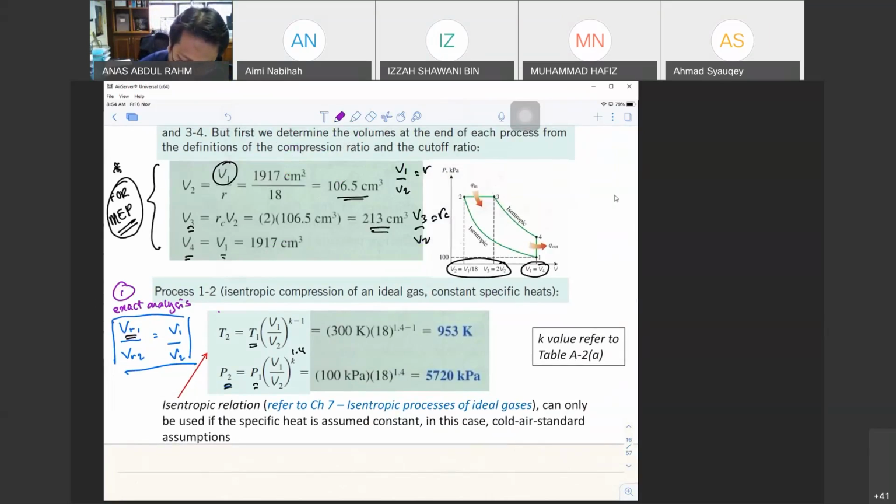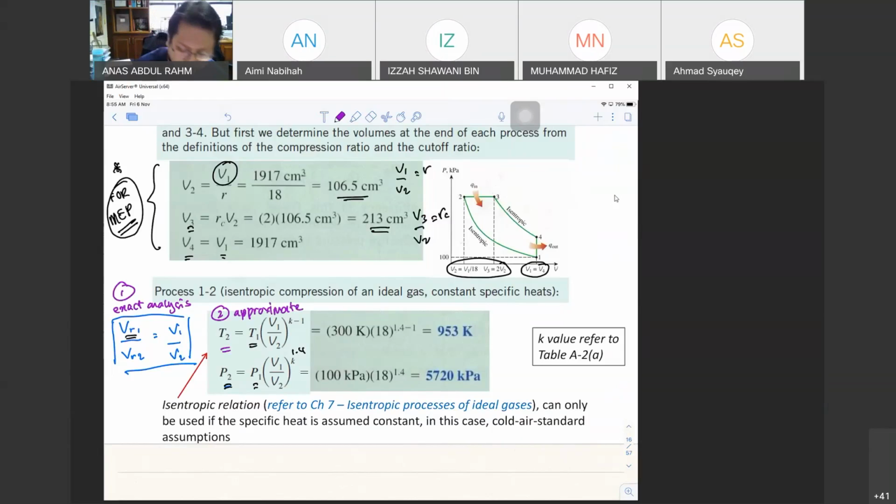Then you have the second option, which is the approximate analysis. Most of the time, if students ask, I say it doesn't matter. But for the purpose of our study, when I did the first Otto cycle, we used exact analysis. For this particular problem, we use approximate.